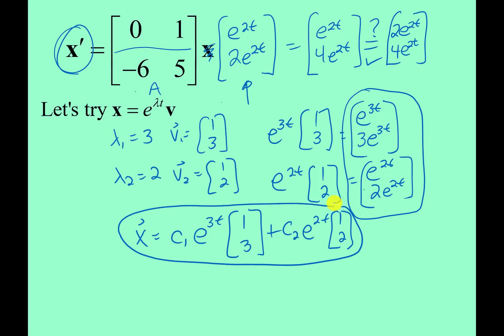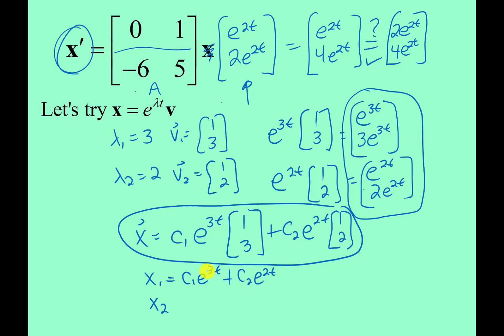Now keep in mind what these stand for. This was x1, the top ones, and x2 are the bottom ones. So x1 is C1 e to the 3t plus C2 e to the 2t.